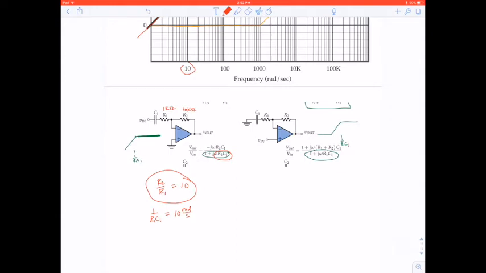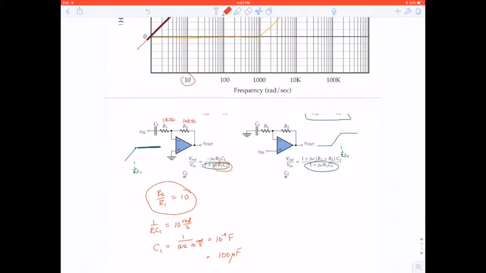And so C1 should be equal to 1 over, and R1 we have chosen to be 1 kilo ohm, times 10 radians per second. And so that is 10 to the 4. So it's 10 to the minus 4 farads, which is 100 microfarads.